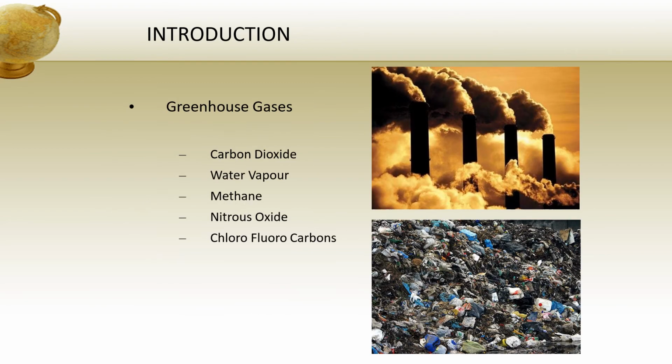Okay. Now in this slide, students, you can see the major greenhouse gases. This is a very important slide, and you should all remember, you should know the different types of greenhouse gases. Firstly, carbon dioxide, then water vapor, third, methane, fourth is nitrous oxide, and fifth is chlorofluorocarbons.